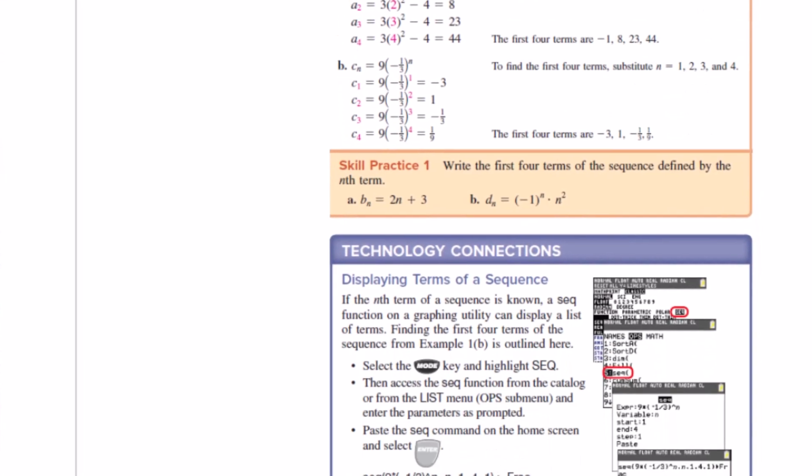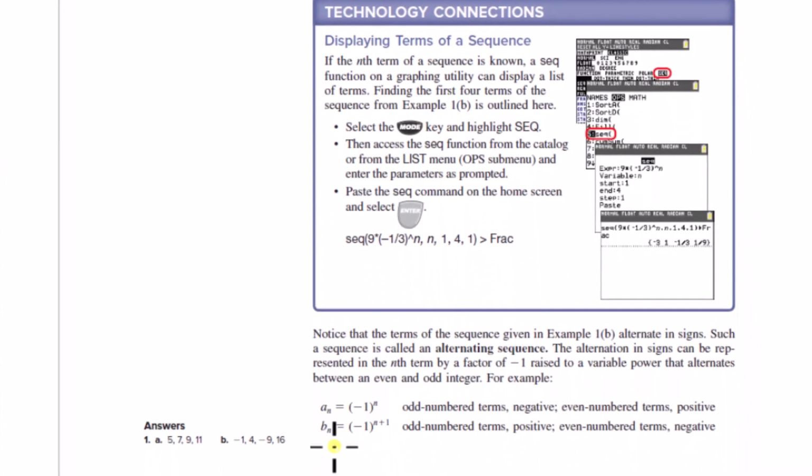Okay, here they talk about what is called an alternating sequence. With an alternating sequence, each term alternates in sign. You'll go positive, negative, positive, negative, positive, negative. That's an alternating sequence. For the a sub n formula, or b sub n, or whatever you use to define the formula, it doesn't have to be a sub n.